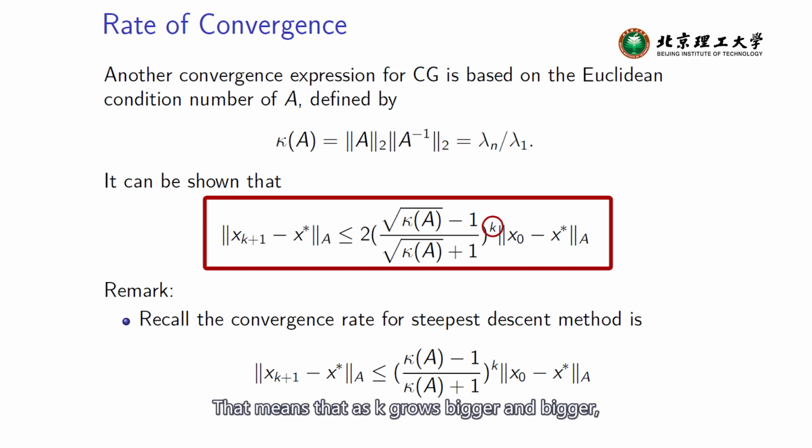That means that as k grows bigger and bigger, the error shrinks, meaning that the next iteration will be much closer to the accumulation point than the current one. And this demonstrates that the convergence rate of the conjugate gradient method is very good when the condition number is close to 1. Okay?